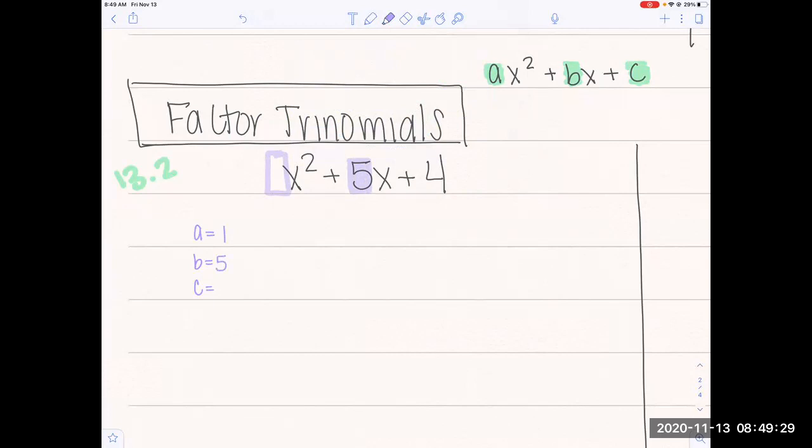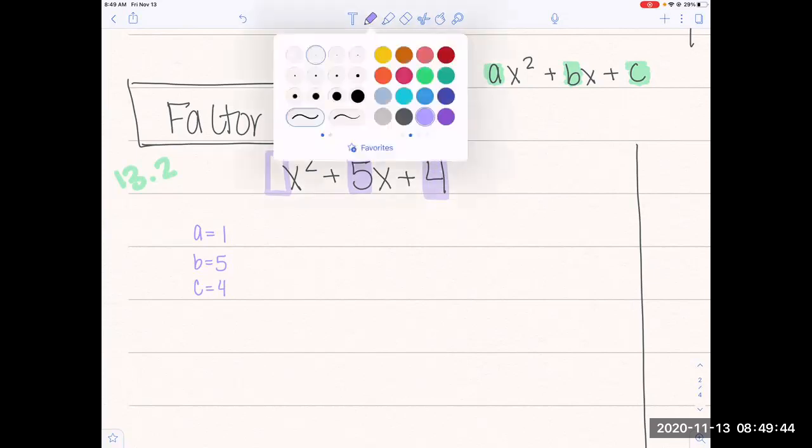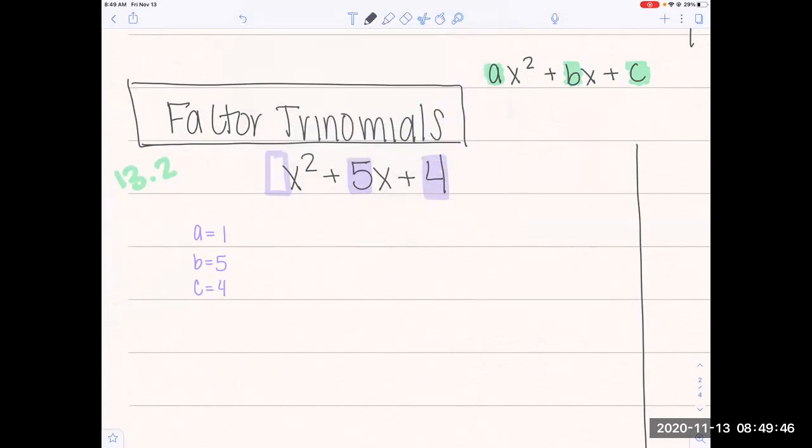And then the constant, the number in the back, 4. So I have A is 1, B is 5, and C is 4. Now we use the X to just kind of help organize our work. A times C always goes on top, B on the bottom.